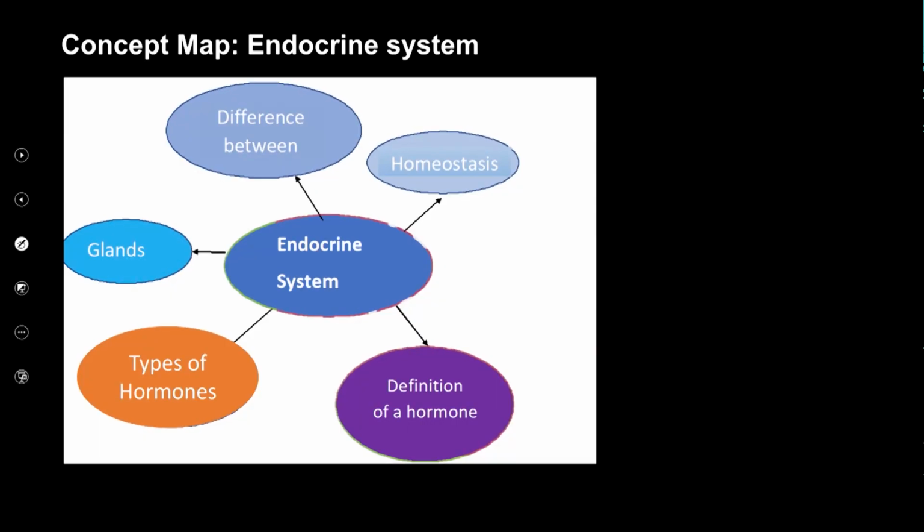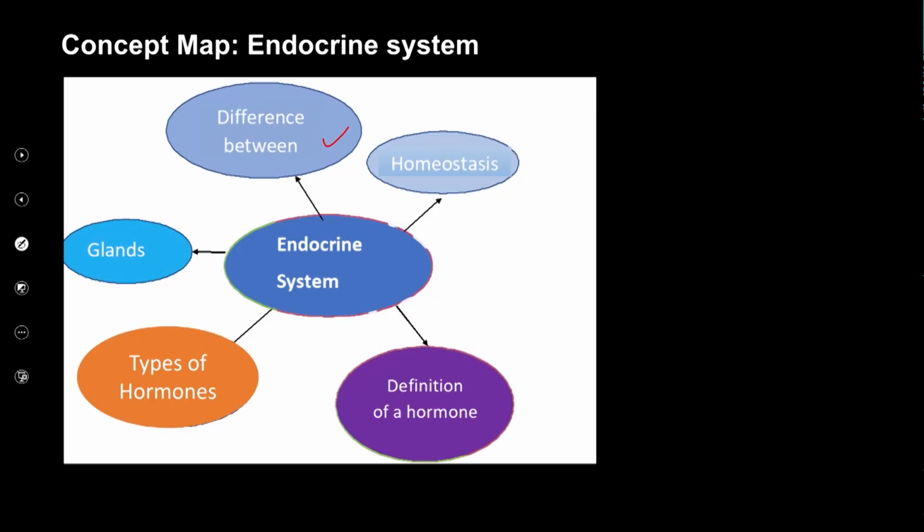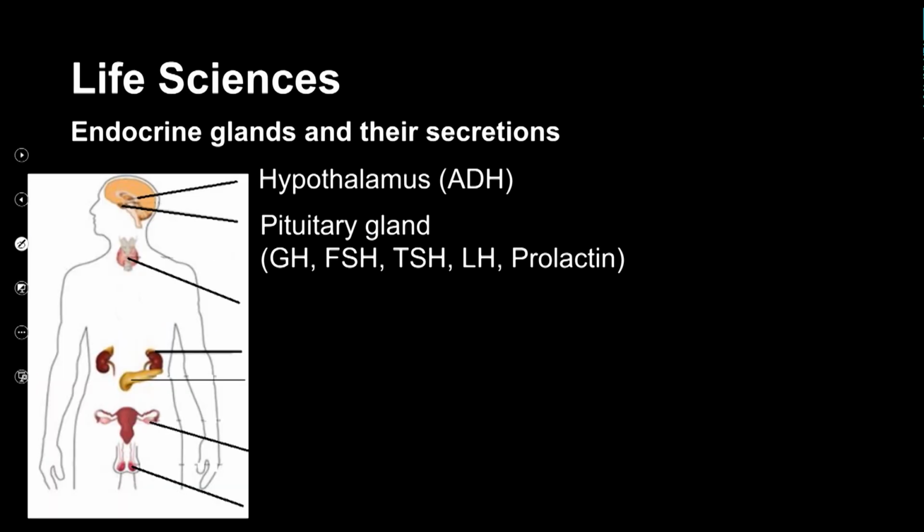Now, we covered the difference. Now, let's move to these types of glands that we refer to as endocrine glands. Remember, no ducts here. So, this is the brain, remember?